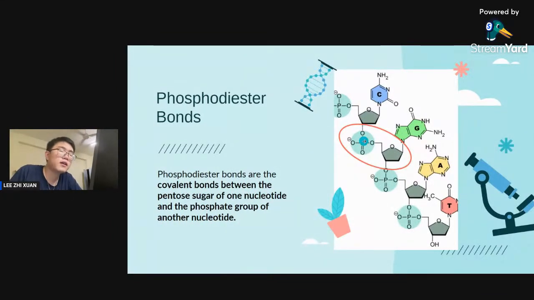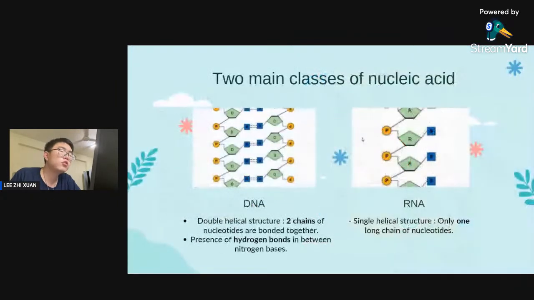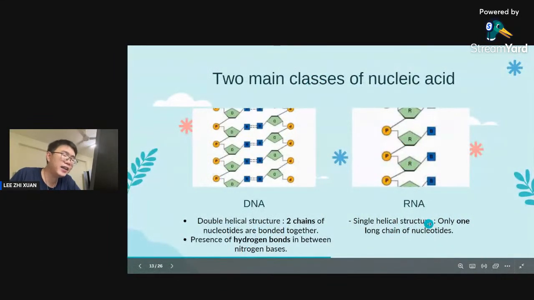The phosphodiester bond is bonded to carbon number 3 and another oxygen atom of the phosphate group. Okay, so you should know this. Two main classes of nucleic acid: DNA and RNA.